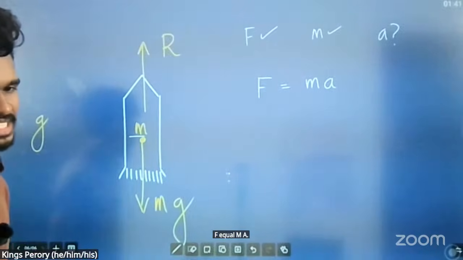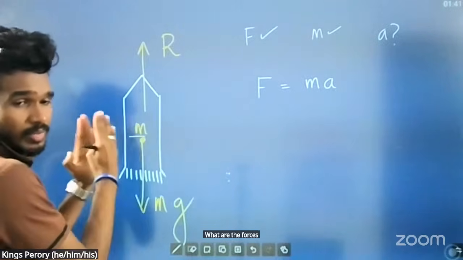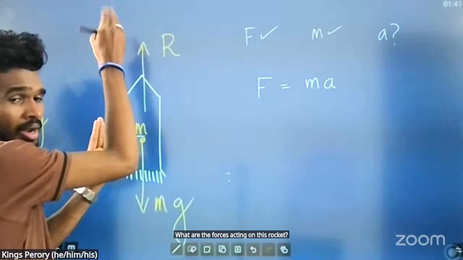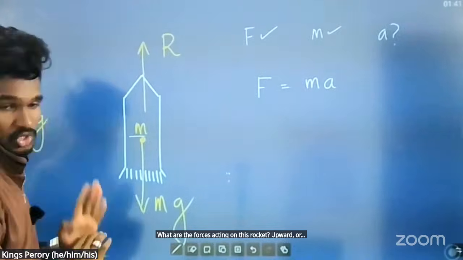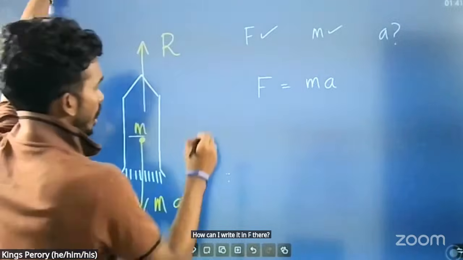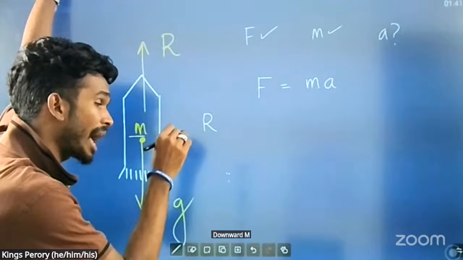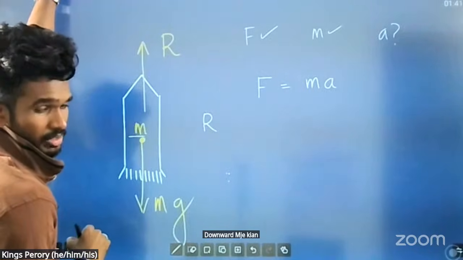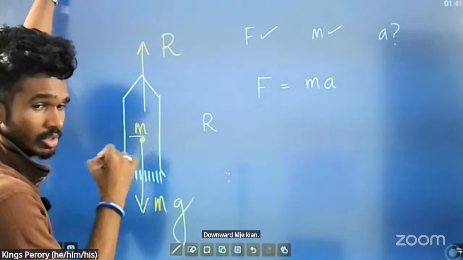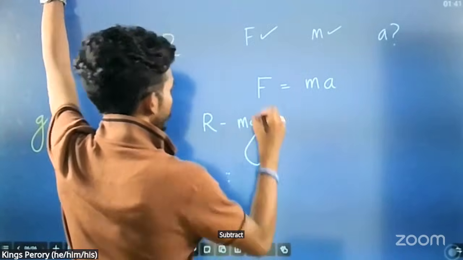How do you apply this equation here? What are the forces acting on this rocket? Upward R, downward mg. I should add mg or subtract mg? Subtract mg.